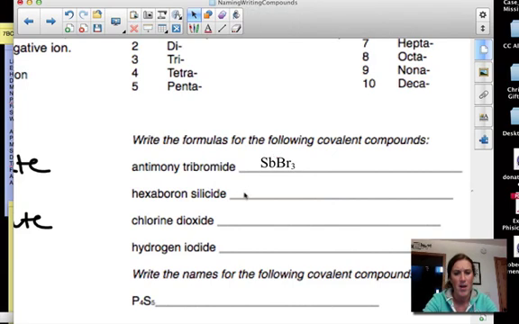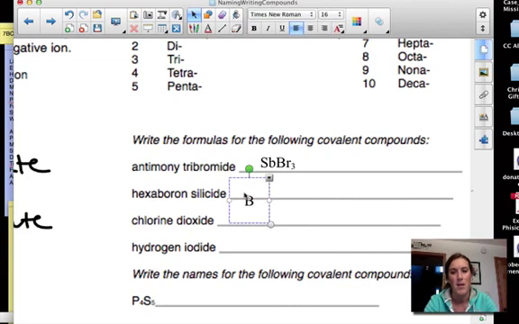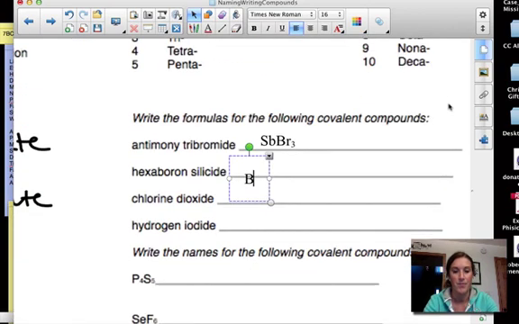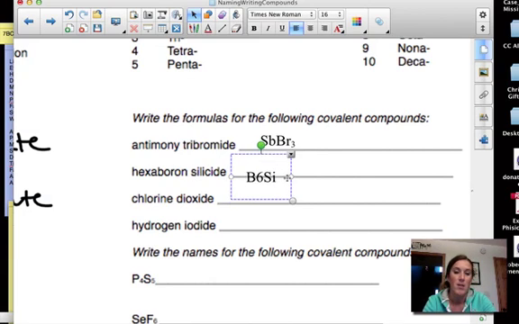Next example, hexaboron silicide. Boron is B. Hexa, we look at our prefixes, is 6. And silicide is silicon, which is Si, no prefix. There should be a mono on the second element, which means 1.